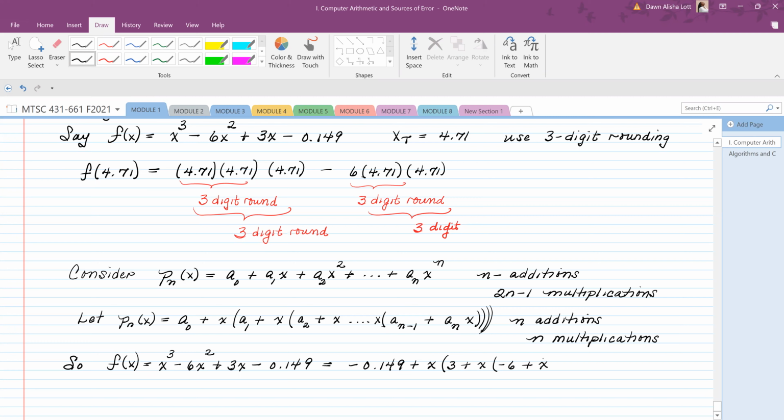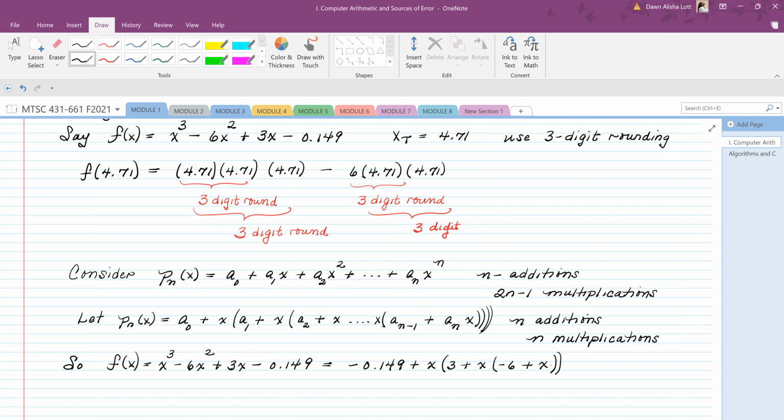I think that's right. I have this x times that x. Right, I think that's it. So now I have negative 6 plus x. When I multiply that by x, that gives me negative 6x plus x squared. And then I'm going to multiply that by x. So that'll give me negative 6x squared plus x cubed.